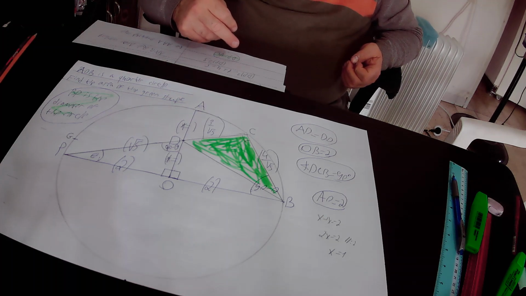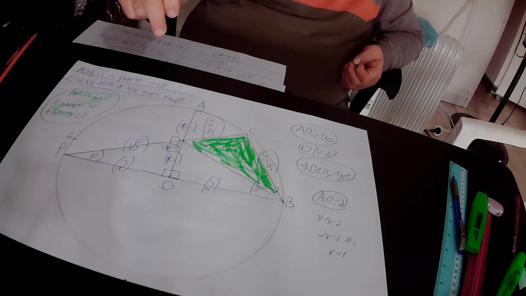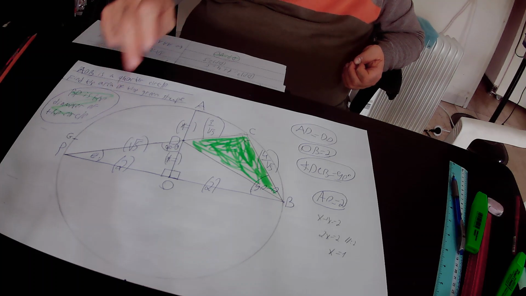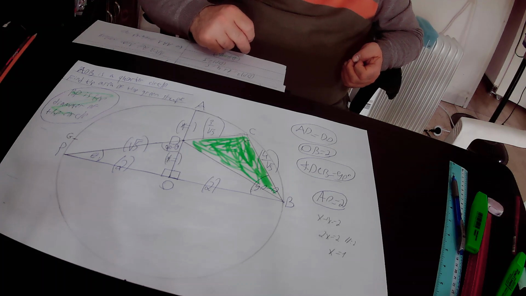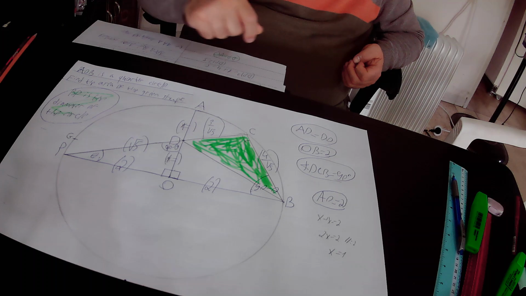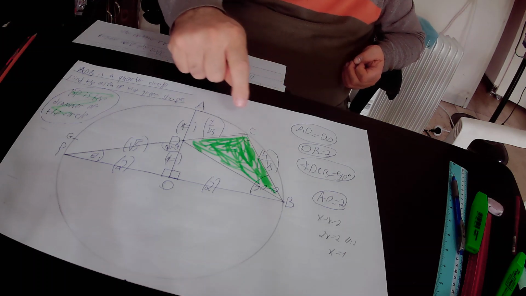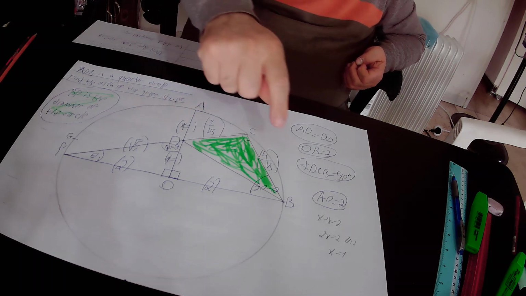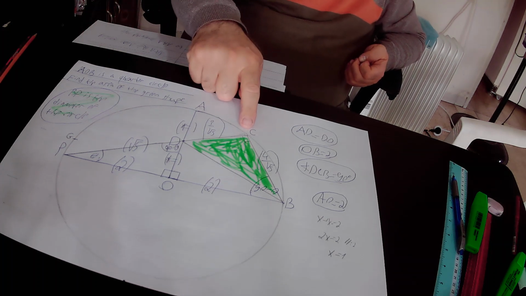We will assume that the extended side CD will not touch the circle at point P, but it will touch the circle at point G. According to our assumption, the extended side CD will touch the circle at point G. And by doing this construction, we created peripheral angle BCG that is equal to 90 degrees in its size.